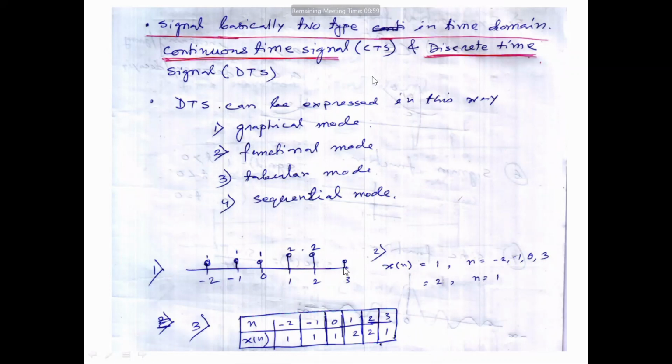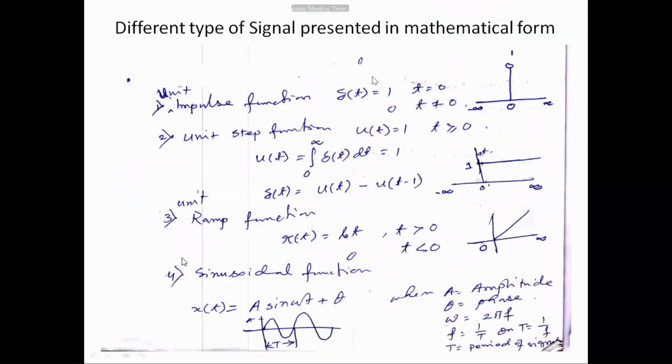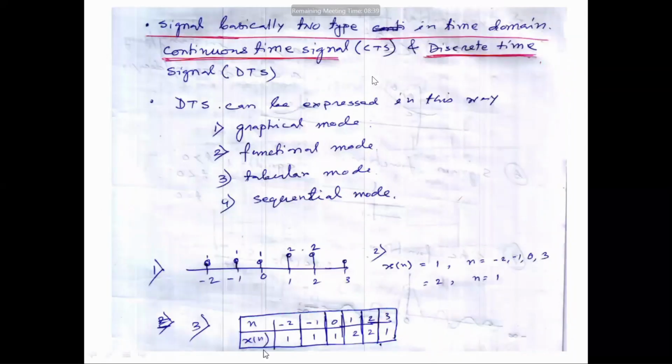So this signal can be expressed in tabular form, in functional form, and another one is the sequential form, which is more important. The sequential form is not written here.